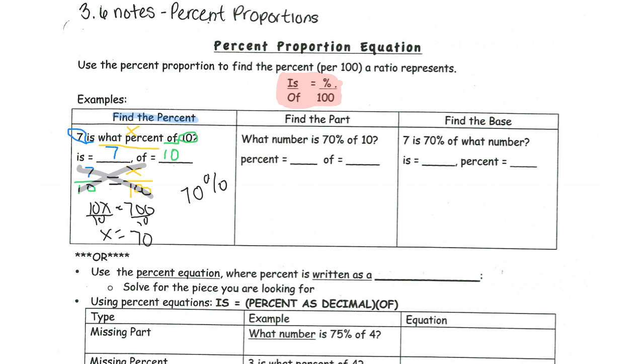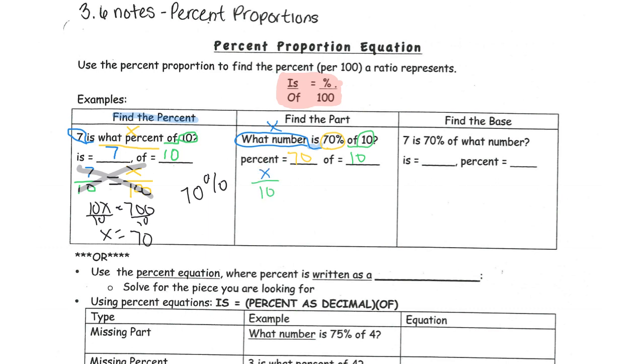Now we have to find the part. So we have what number is, and remember the is, we take what's in front of it. So that's what we're trying to find. Of is 10, and we're given our percent here. It's is over of, so we don't have our is.